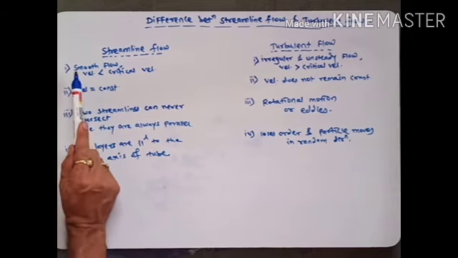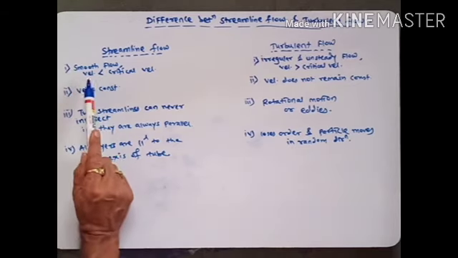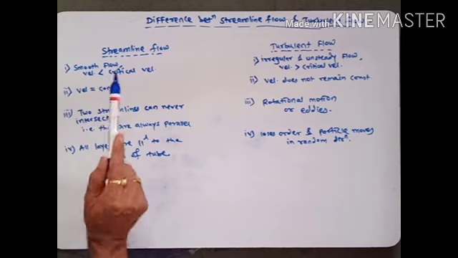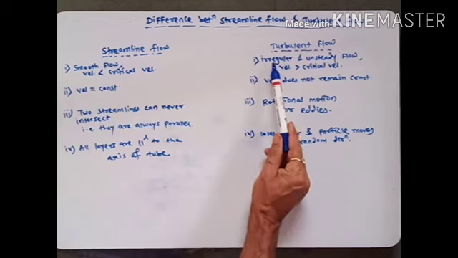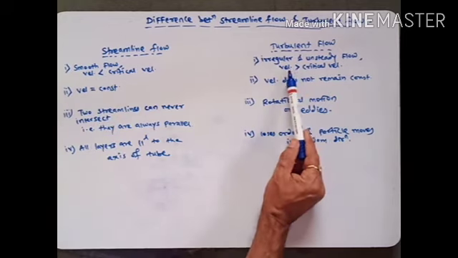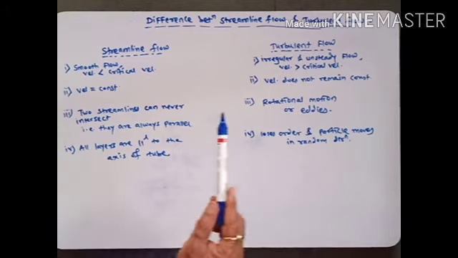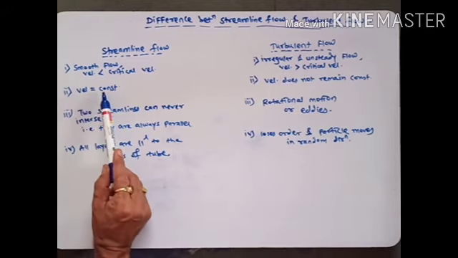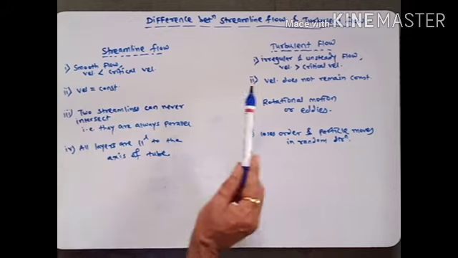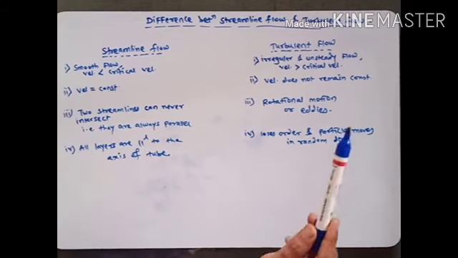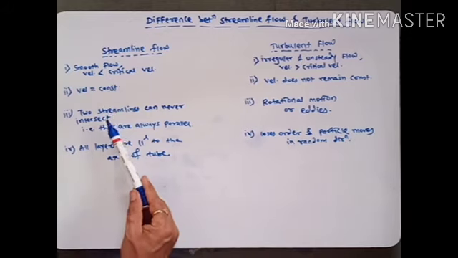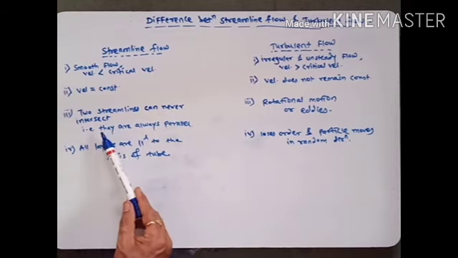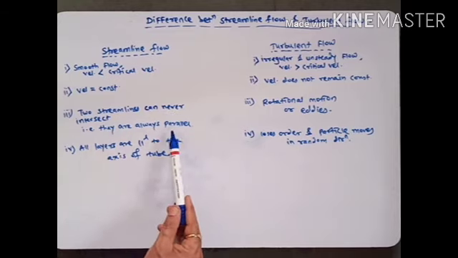Again I will explain. Here we consider this flow is smooth flow whose velocity is less than critical velocity. This flow is irregular and unsteady flow whose velocity is greater than critical velocity. Here velocity is constant at all points and at all times. Velocity does not remain constant in case of turbulent flow. Two streamlines can never intersect, that is, they are always parallel.